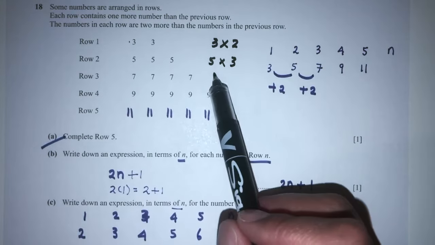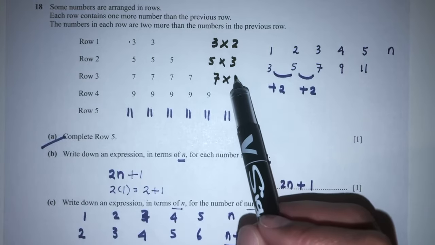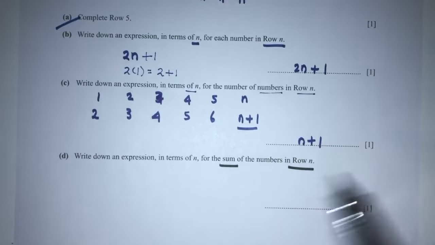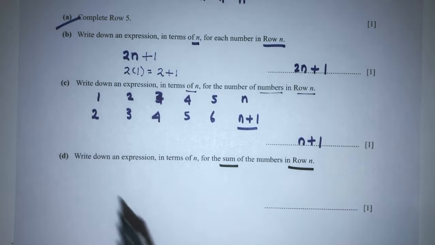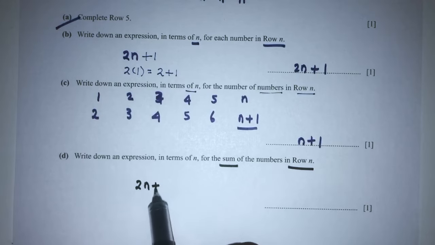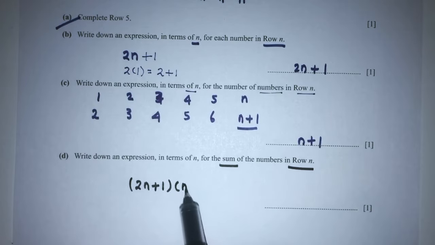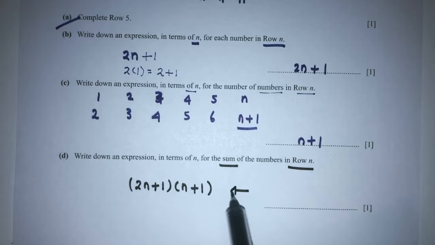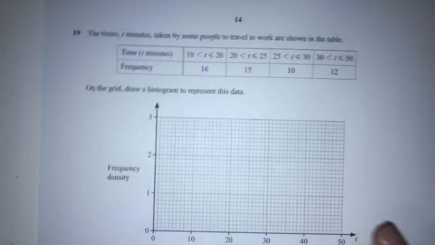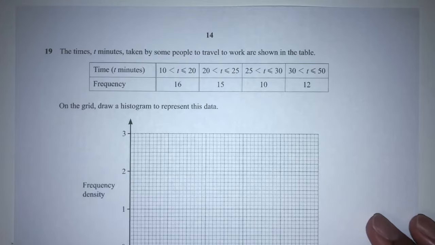Take the value 7 times the number of numbers, which is 4. You'll find the sum this way. Same way here, we take the value 2n plus 1 and multiply by the number of numbers, which is this one. So the answer will be this for part D, the sum of that row. That will be question 18. Now let's move on to question 19.